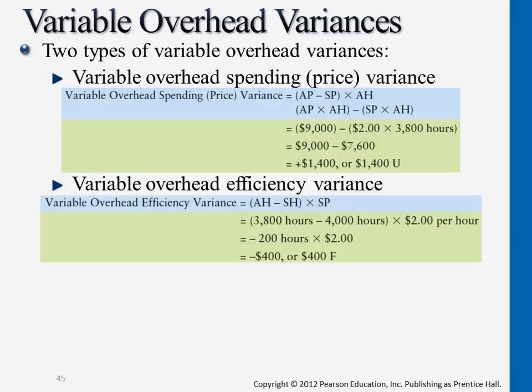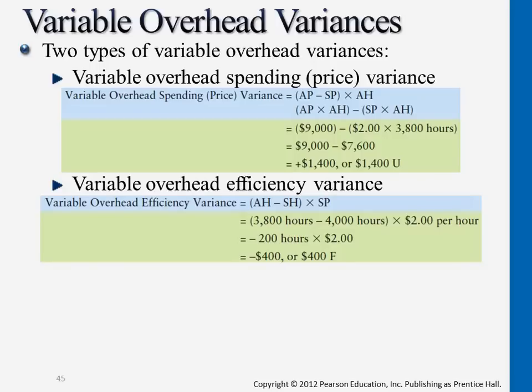Okay, so we just compared the budget of 3,800 hours with the actual hours. The actual hours that we spent was 3,800 hours, and the total allowed hours is 4,000 hours. Okay, so efficiency, again, just like direct labor, we compared the actual hours to the budgeted hours.